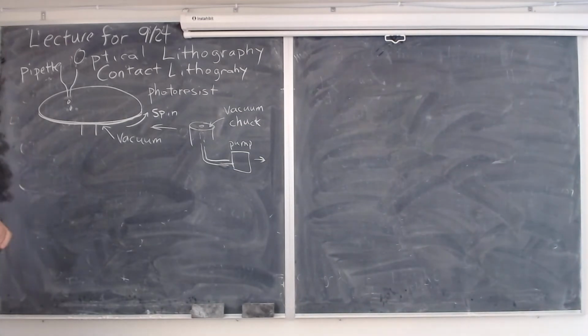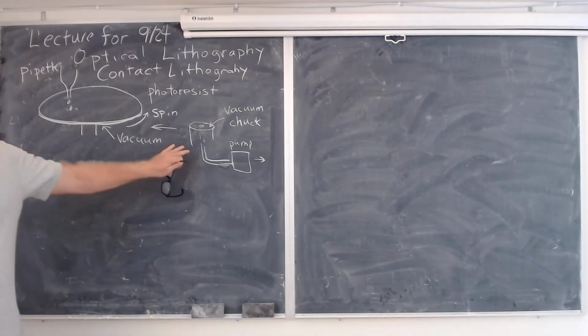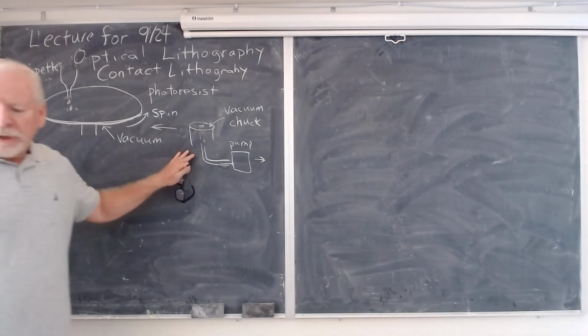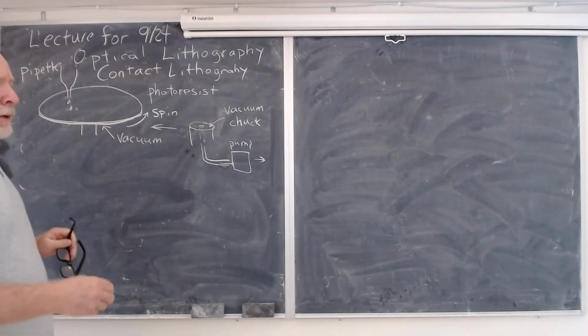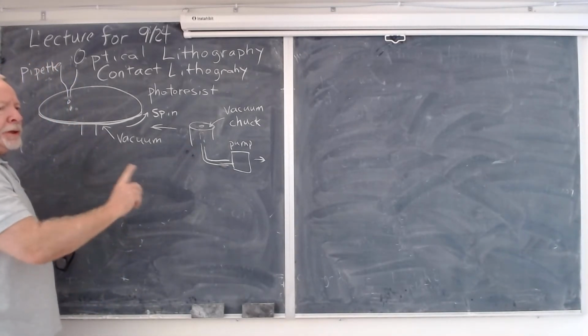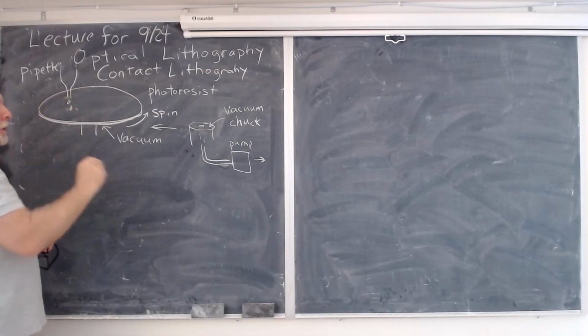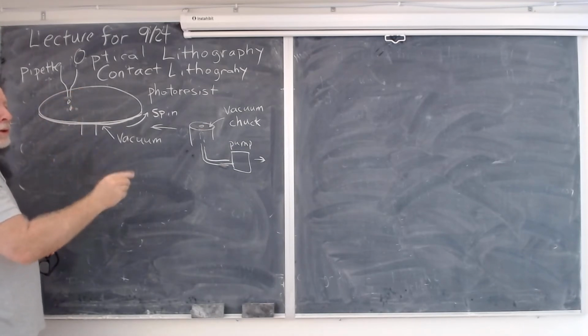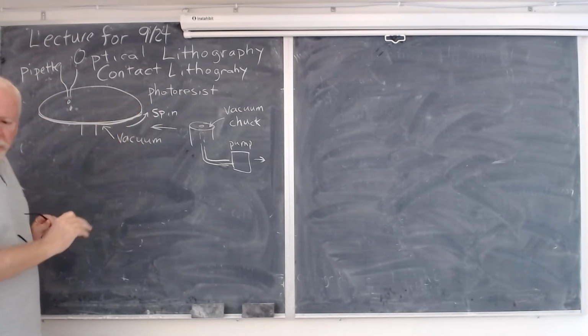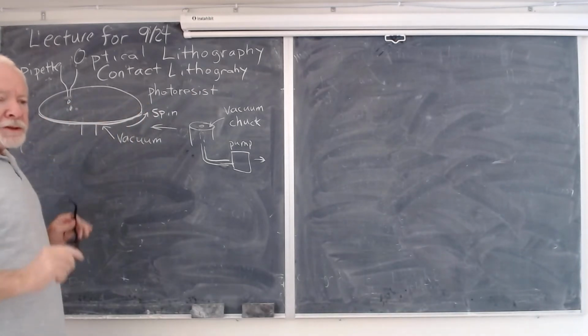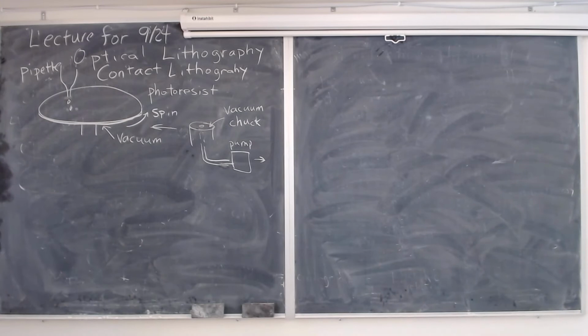And additionally, frequently you program a spinning recipe that starts slowly. The idea is that you have some drippage here, and then you run it slow so it spreads the photoresist out, and then you do it fast to give you your thickness.